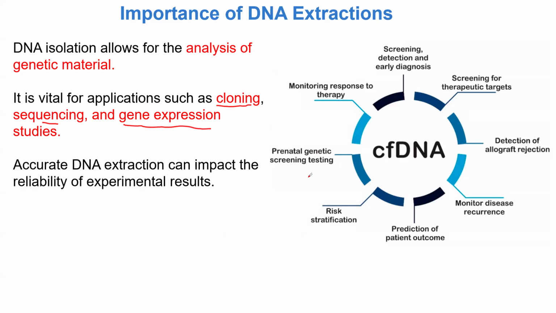After you get the DNA, you can screen whether the DNA of the child has a mutation in some genes, for example in hemoglobin. So as part of the prenatal screening, you can check whether the baby is at risk of cardiovascular disease or at risk of sickle cell disease. So you can do that. This is actually one of the applications of DNA extraction.